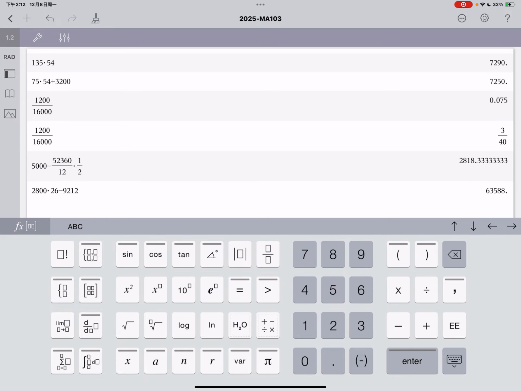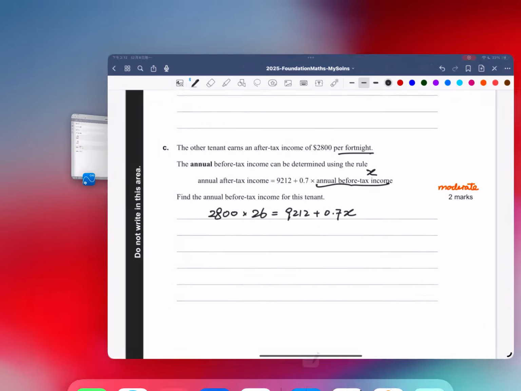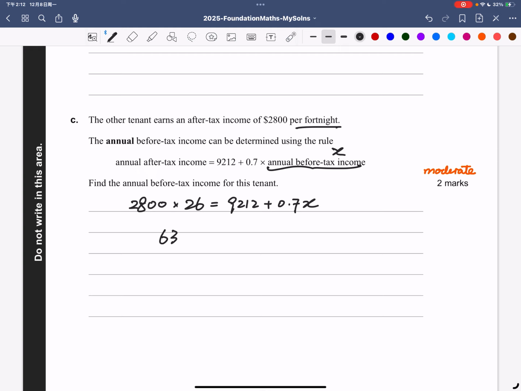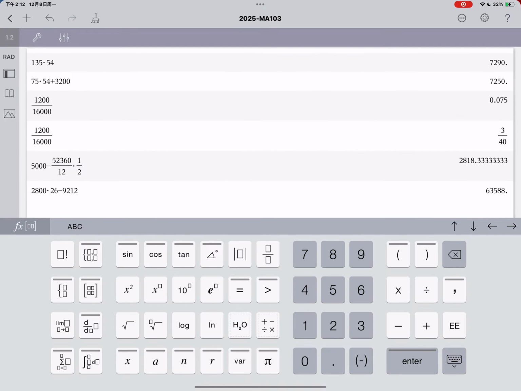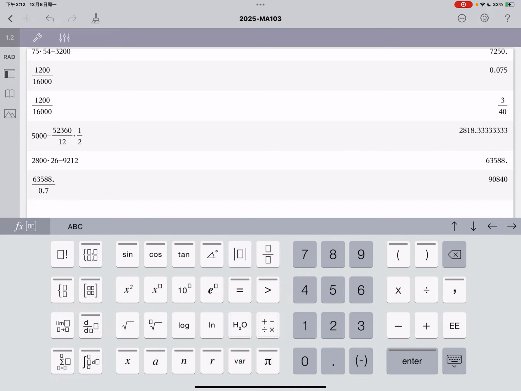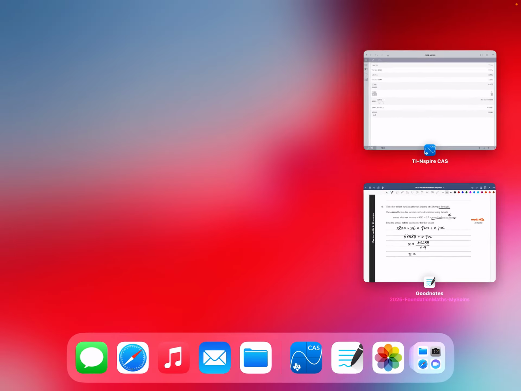You get 63588 equals 0.7x, and x is 63588 divided by 0.7. Let's calculate what's happening here. Divided by 0.7, 90840.